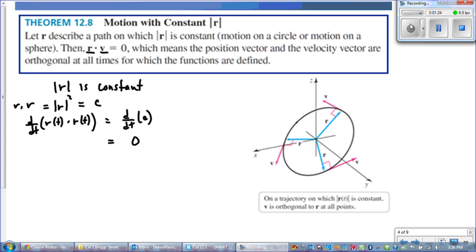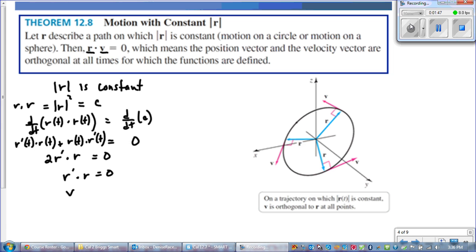The derivative of a dot product will be R prime dotted with R of t plus R of t dotted with R prime, using one of our product rules. Well, that's just 2 times R prime dotted with R equal to 0, which means that R prime dot R is equal to 0.